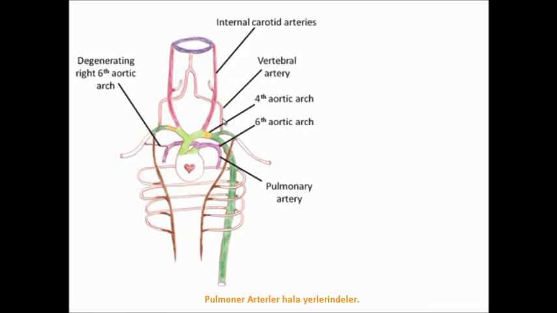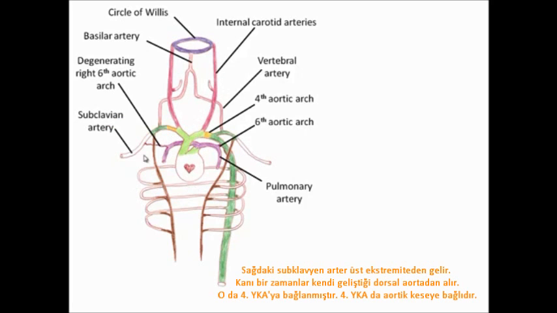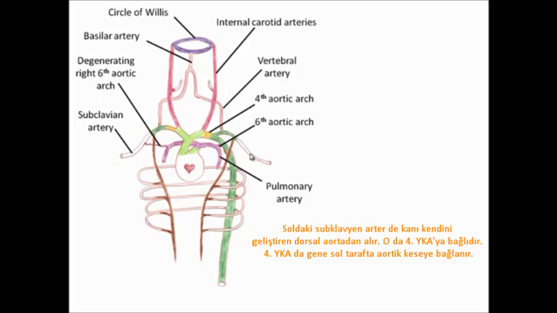The vertebral arteries from the intersegmentals fuse to become the basilar, which then joins the circle of Willis along with the internal carotid coming from the third arch. Subclavian on the right travels to the right upper limb and gets its blood supply from what was the dorsal aorta, the fourth arch, and the aortic sac. On the left, it's receiving its blood supply also from the dorsal aorta, the fourth arch, and the aortic sac.